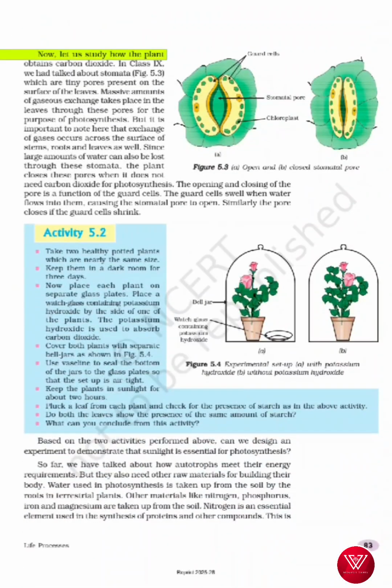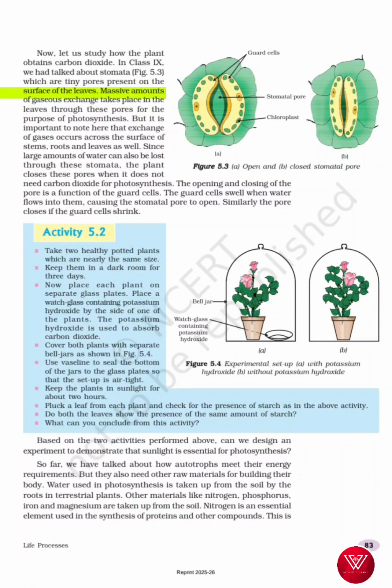Now, let us study how the plant obtains carbon dioxide. In the class, we talked about stomata as shown in figure 5.3, which are tiny pores present on the surface of the leaves. Massive amounts of gaseous exchange takes place in the leaves through these pores for the purpose of photosynthesis.